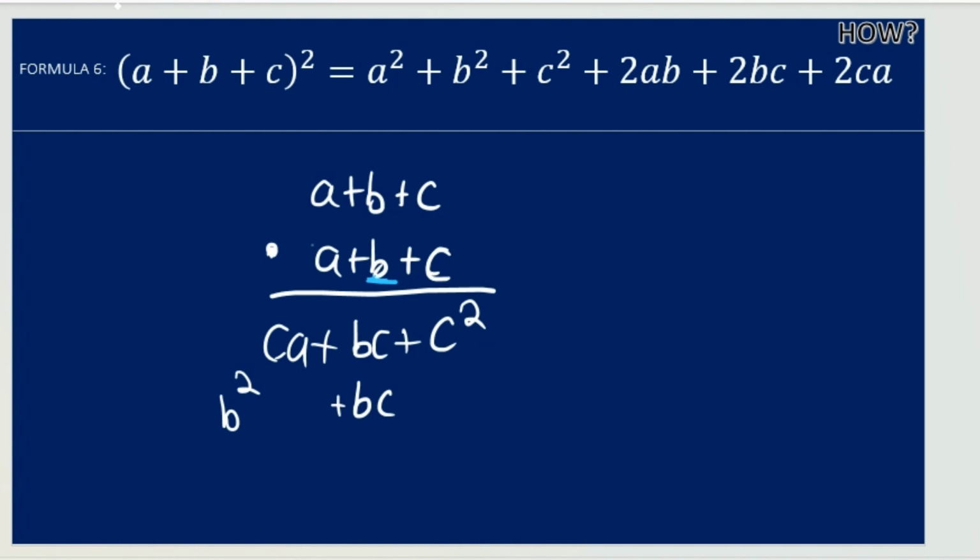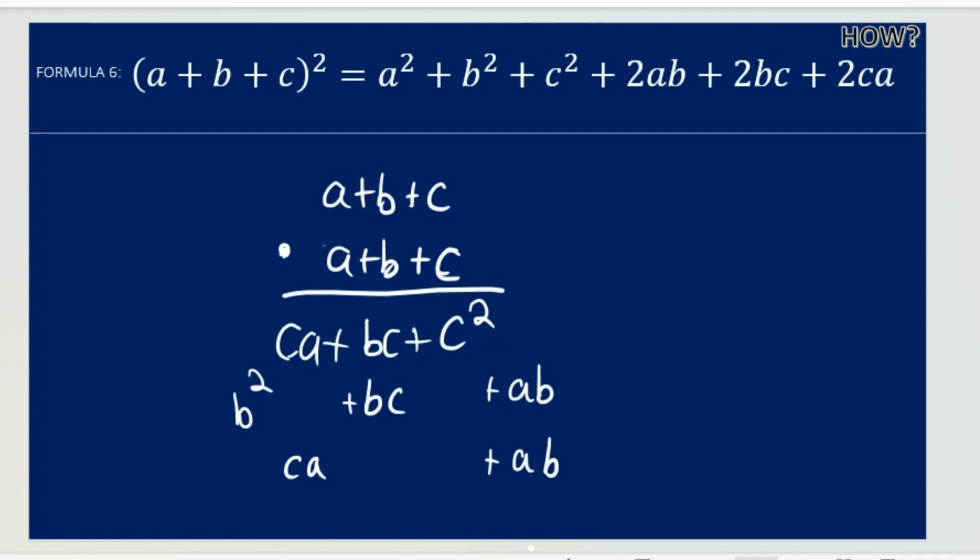B times A is going to be AB, so we're going to write AB over here. Now we're going to move on to this A over here. A times C is going to be AC or CA, so we write plus CA over here. And then A times B is going to be AB.